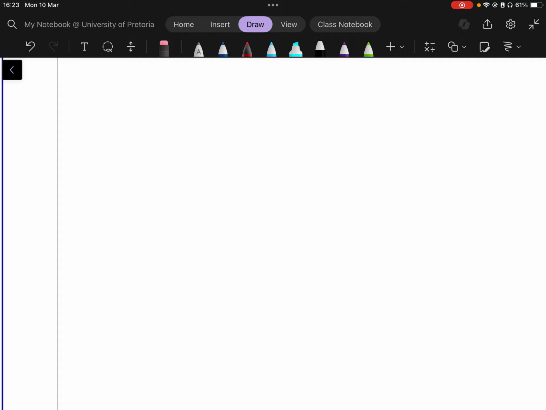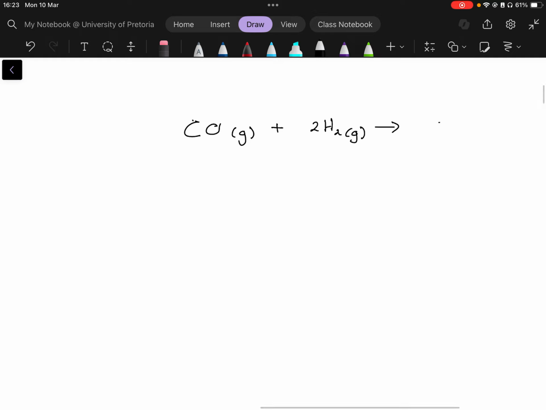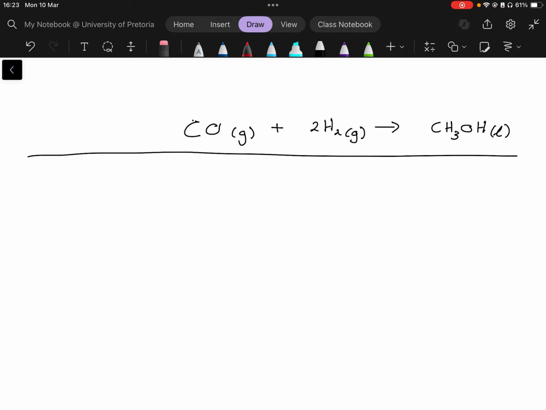So typically how you do that is you write the chemical equation here. So CO gas plus 2 hydrogen gas gives CH3OH. That's a liquid. All right, let's draw it like that.